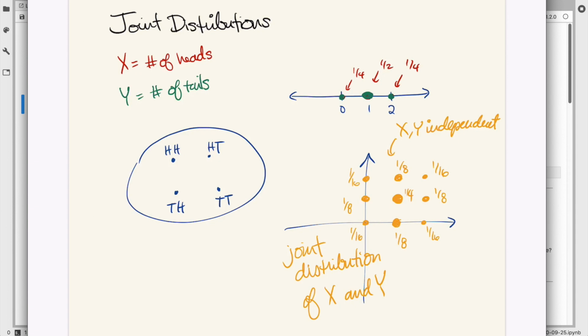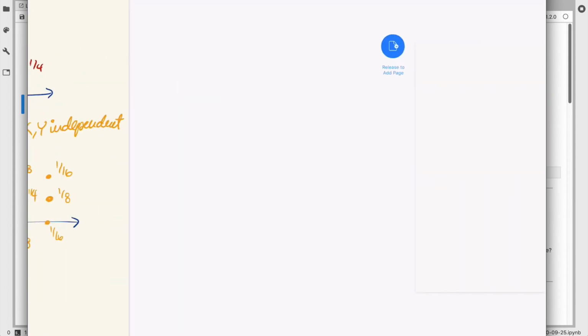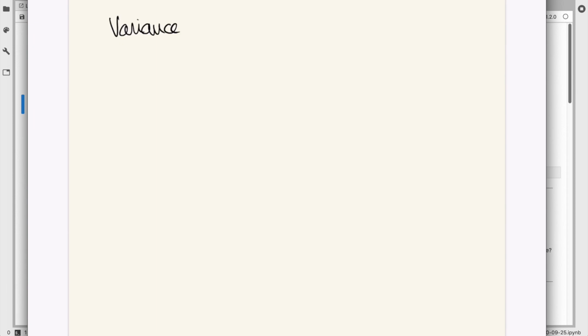A second topic we're going to touch on today is variance. The variance of a random variable x is its average squared deviation from its mean. So we compute the mean of x, we subtract that from x, and we square the result and take the average.